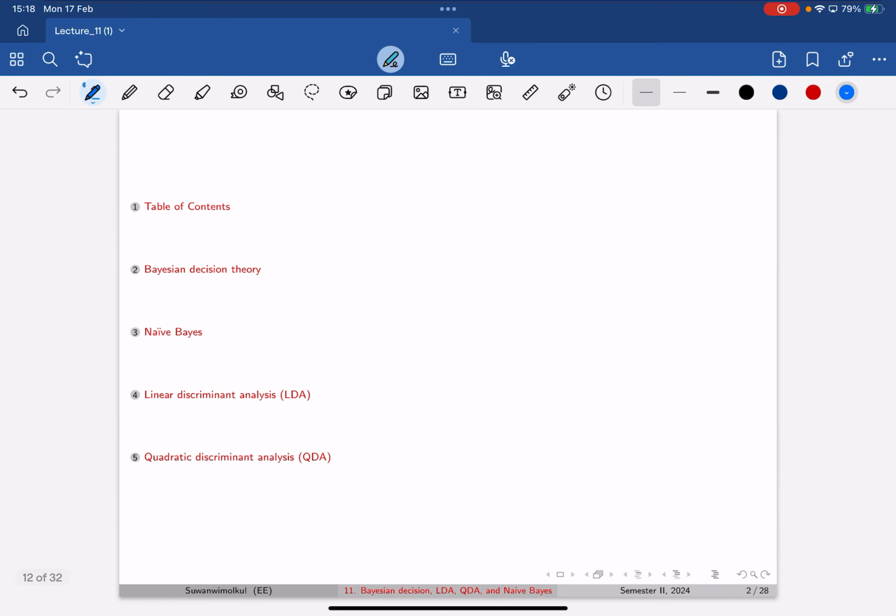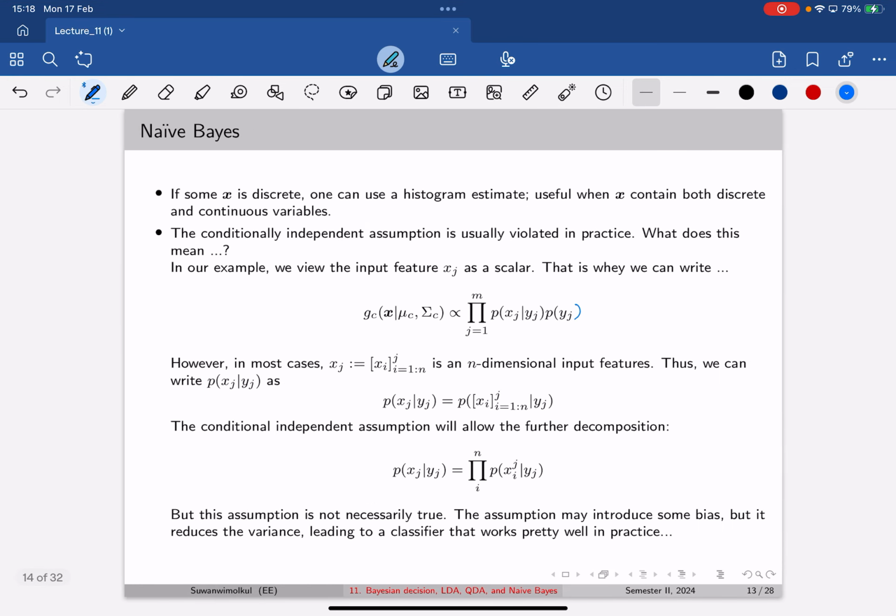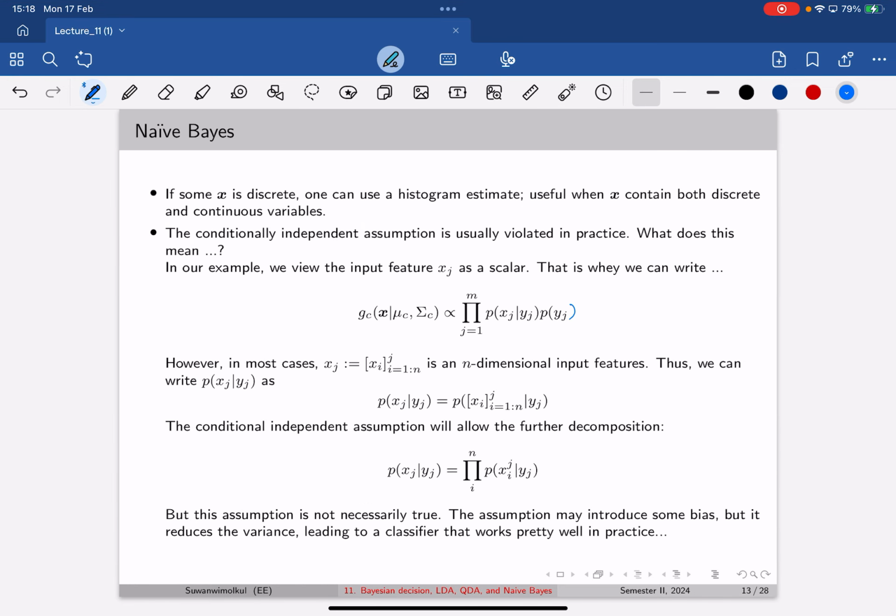But in naive Bayes, there are additional assumptions that people usually make. If xj that we used previously is an n-dimensional feature, usually we'll assume that the features are conditionally independent.